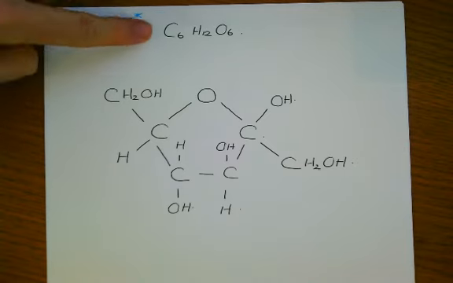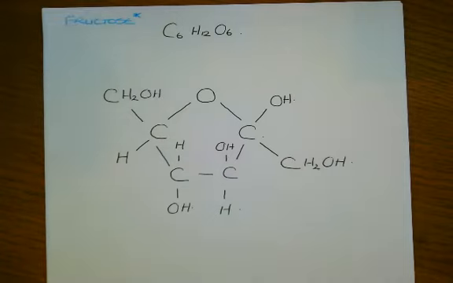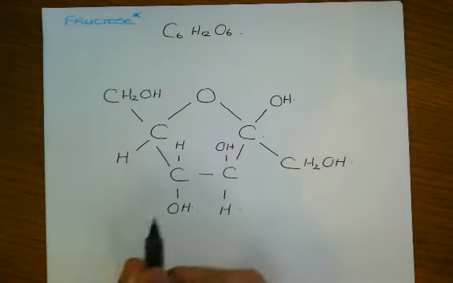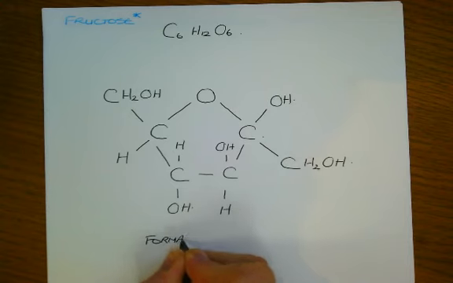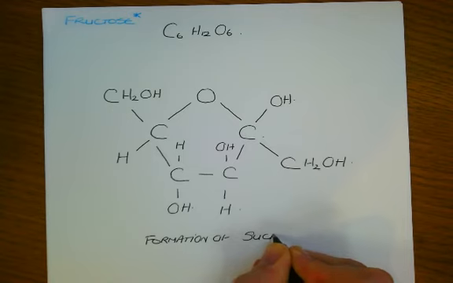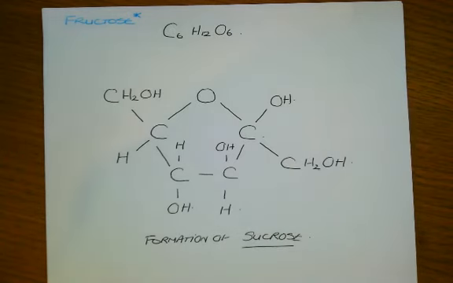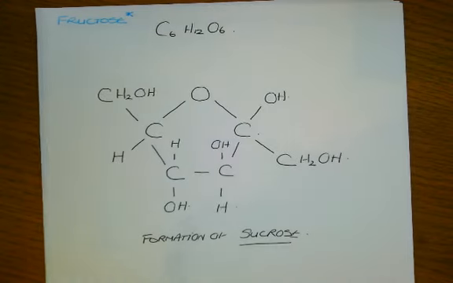So it's worthwhile to spend a minute making sure you understand the structure of that, and then it will obey the molecular formula of C6H12O6. Like I said, this is an important monosaccharide, and it's involved in the formation of sucrose. We'll look at that a bit later.